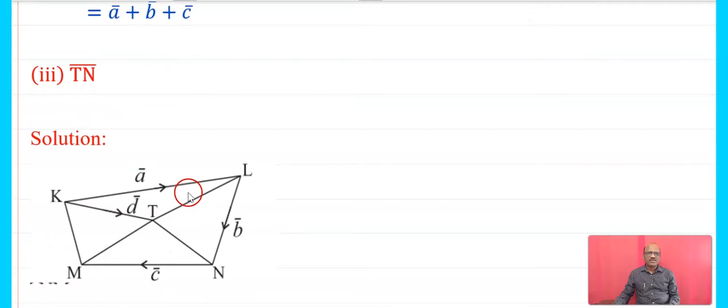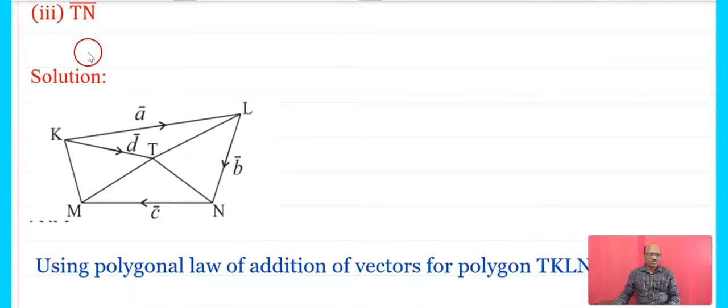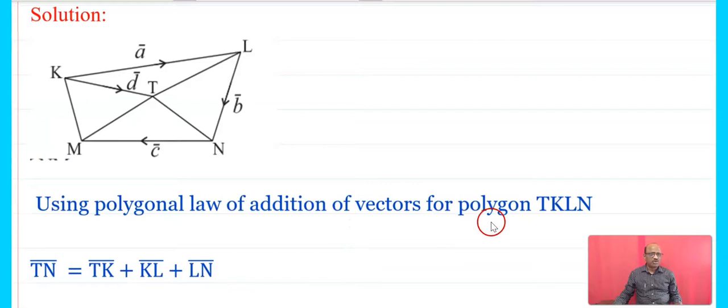Next, to find out the TN. Using the polygon law of addition of vectors for the polygon TKLN, TN is equal to, first T to K, K to L, and then L to N. Therefore TN is equal to TK bar plus KL bar plus LN bar.